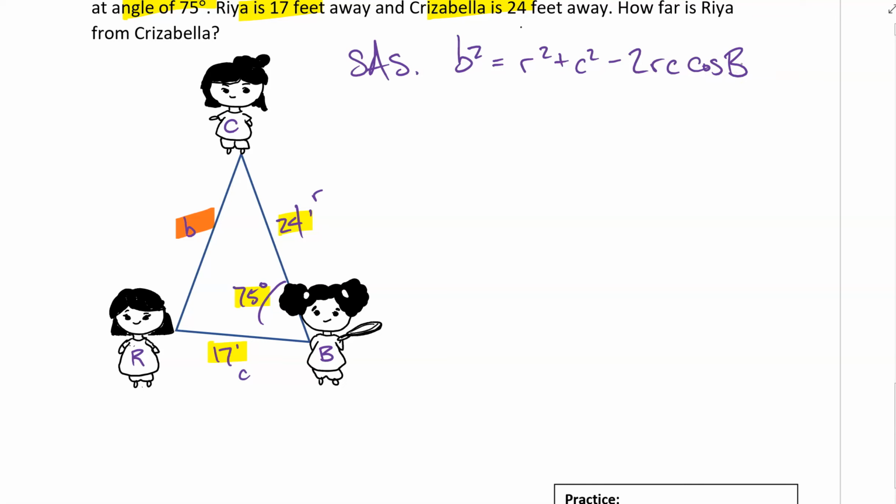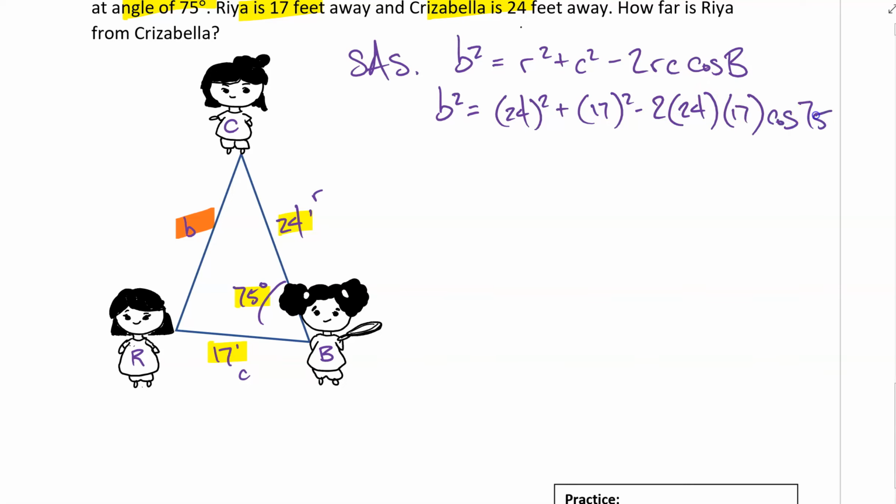Okay, that's the formula, and we are going to start with our substitution. You just write in your values, right? 24, cos 75. All right, I'm just going to fast forward the computation here.